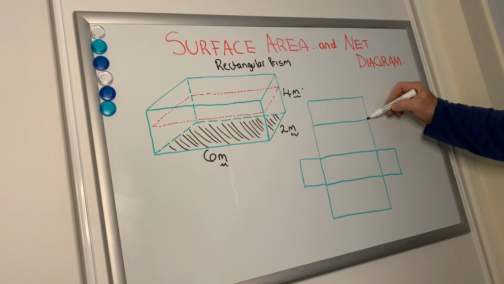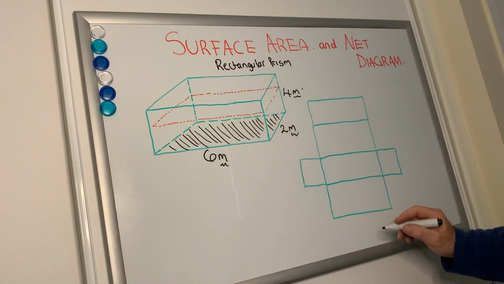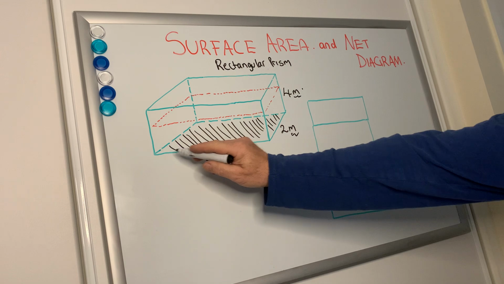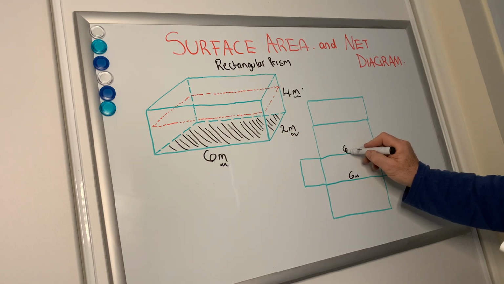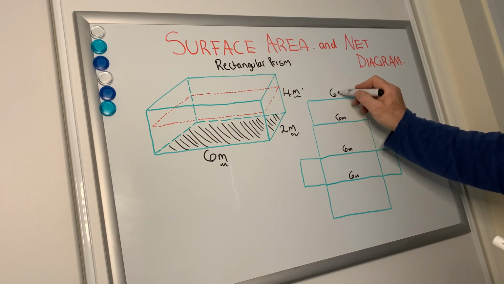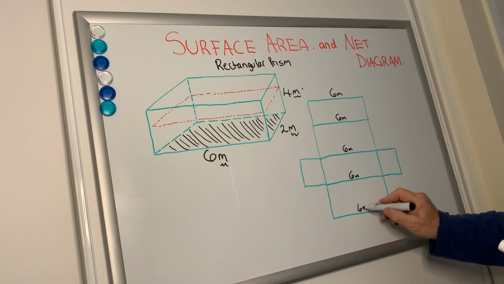Okay, so what we virtually have is, if I say this is 6 meters, there it is there, that's 6 meters, that's 6 meters, and that's 6 meters.